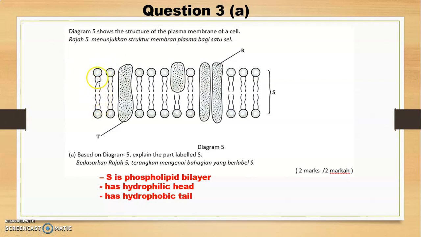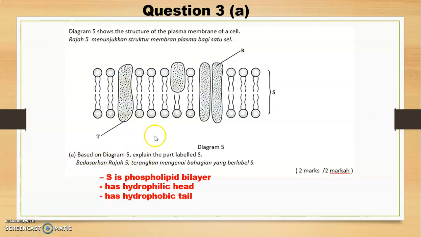S refers to the phospholipid bilayer, and R refers to the channel protein. Why channel protein? Because there is a channel here. And then this one refers to the carrier protein.